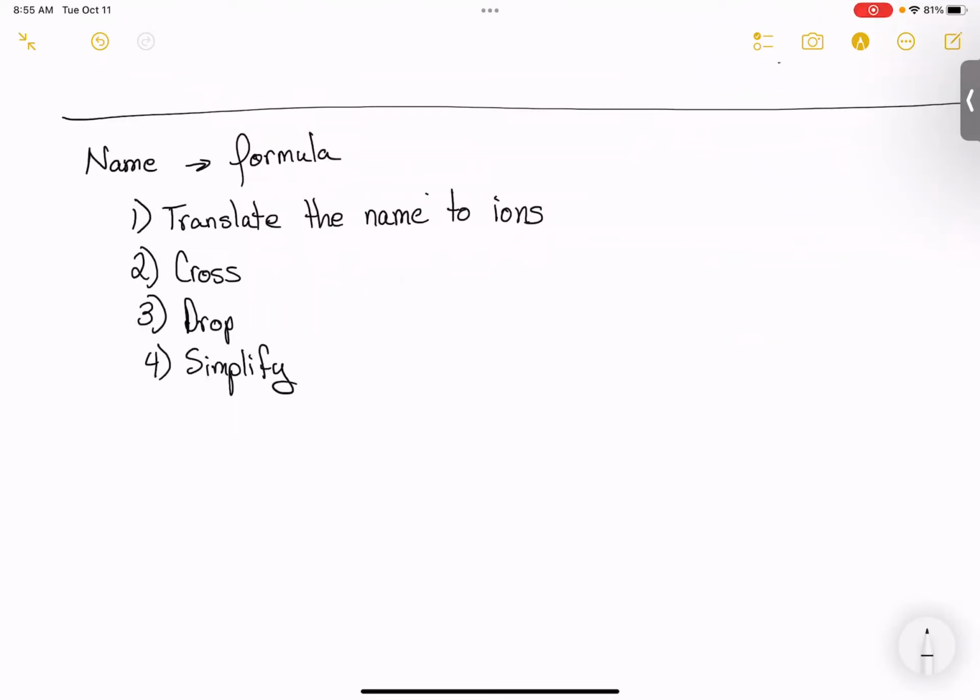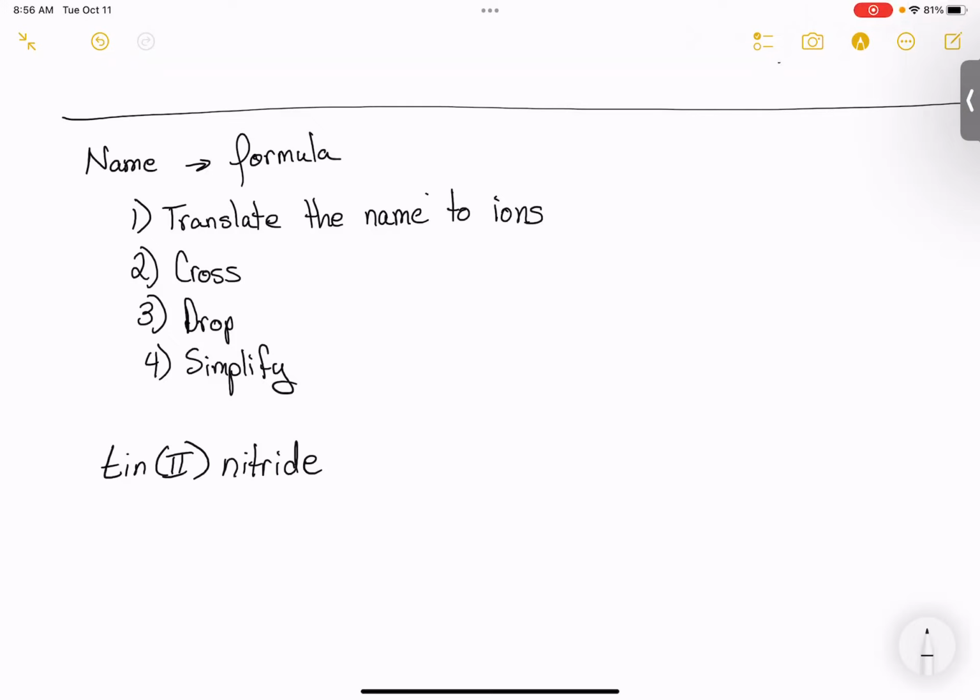So let's go with tin-2 nitride. The first thing I have to do is translate.